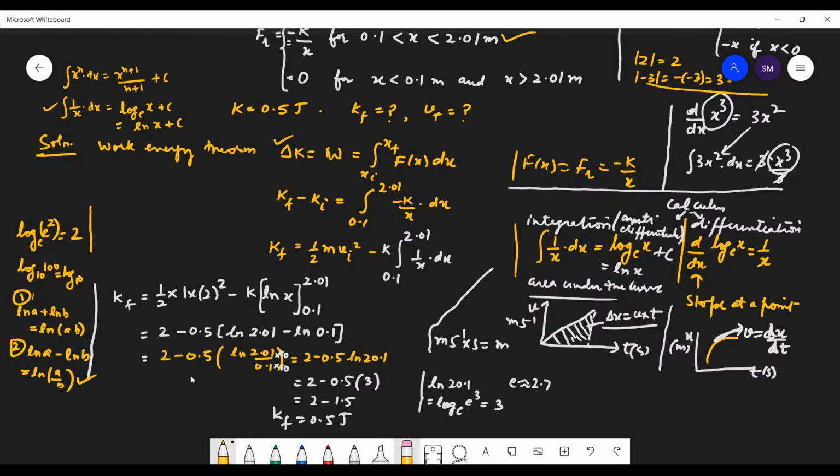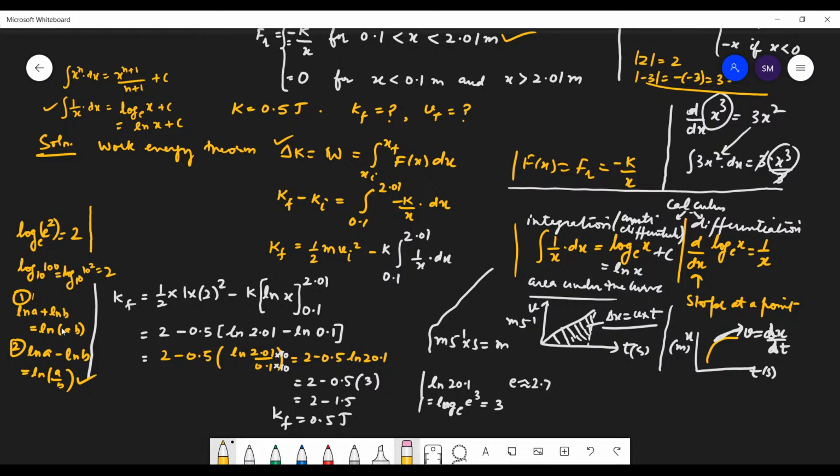So this 100 can be written as 10 raised to the power 2. So log means what is the power if this number is written in the base of the log. So 10 raised to the power 2 gives 100, and the answer is 2. So it's so simple. Now we have two formulas of log.